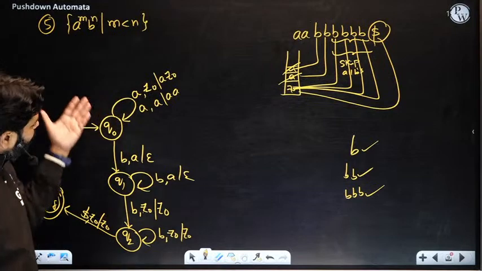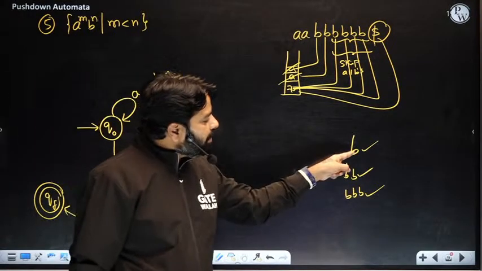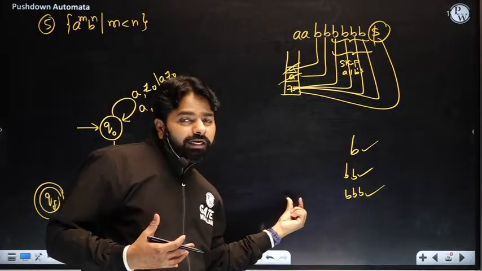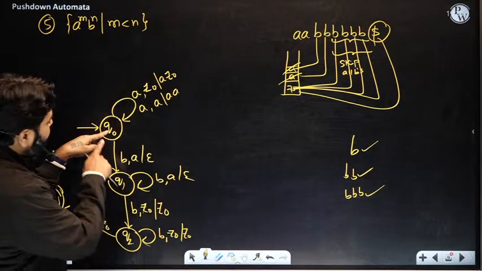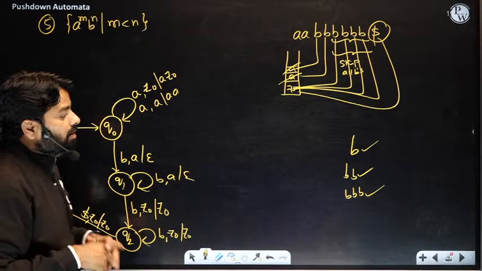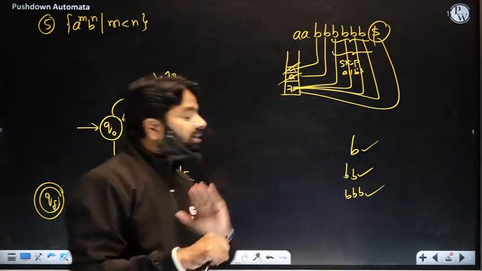So how do you accept only B's here? See that only B's are there. B comma Z naught is a starting symbol condition. Here B is on the top of the stack Z naught. So here B comma A is covered, A comma Z naught, A comma A, but B comma Z naught is not covered. But if B comes, only B's will be there, no A. So only B's, how do you guarantee?